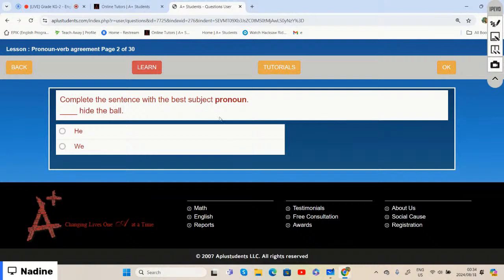The next one says we need to complete the sentence with the best subject pronoun. Do we say he hide the ball, or do we say we hide the ball?